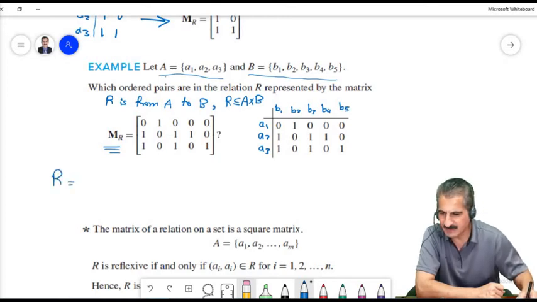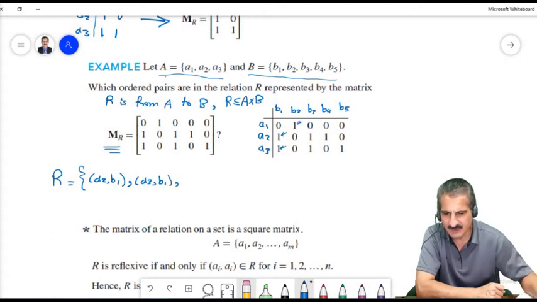R equals, let's see, where does the 1 exist? A2 and B1. So A2 and B1 are related. Now this one here is A3 and B1. Okay. This one here is A1, B2.